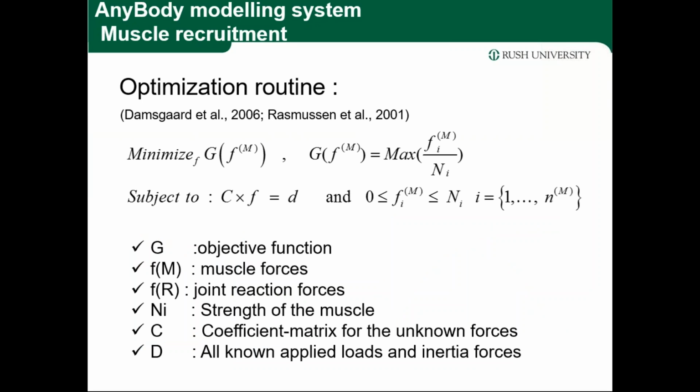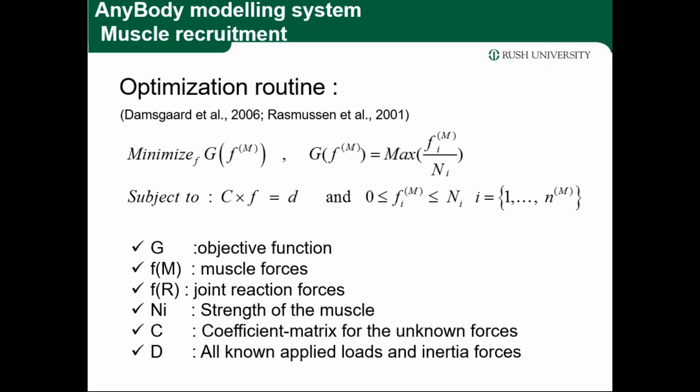And then how are muscles recruited in the AnyBody Modeling System? So we know that as a general rule, the human musculoskeletal system, or our body, is a redundant system, which means that it has more muscles than degrees of freedom. So each degree of freedom in our joints can be controlled via many combinations of different muscles.